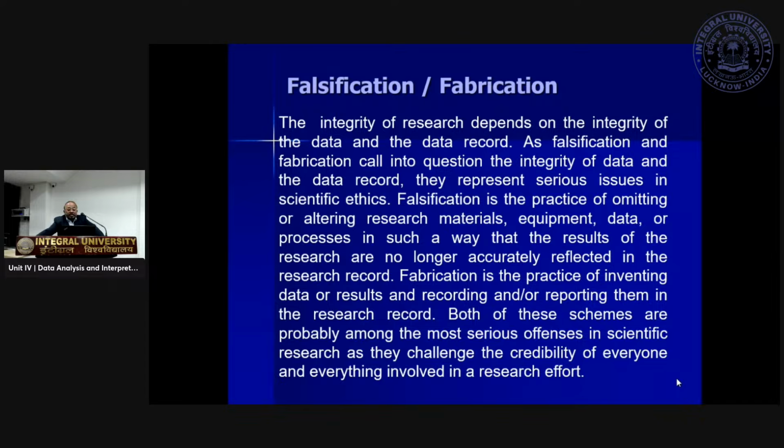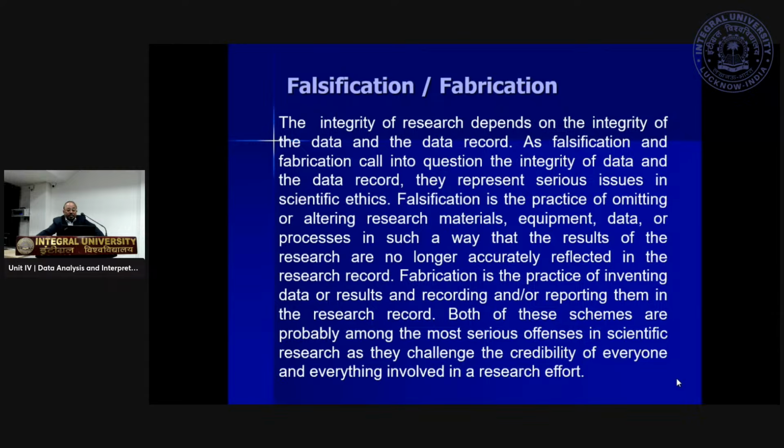Falsification is the practice of omitting or altering research material, manuscript, equipment, data, or processes in such a way that the results of the research are no longer accurately reflected in the research record.